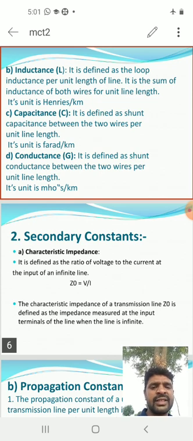That is why C and G are called shunt capacitance and shunt conductance, and R and L are called series resistance and series inductance, or loop resistance and loop inductance.